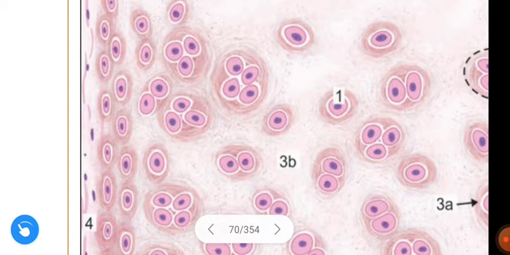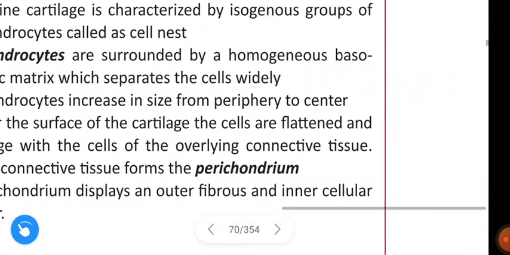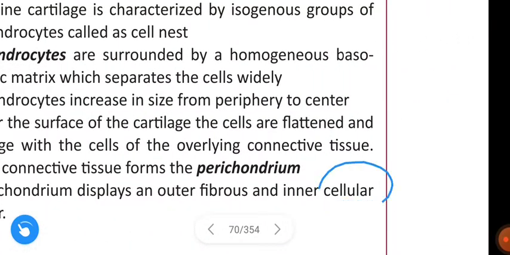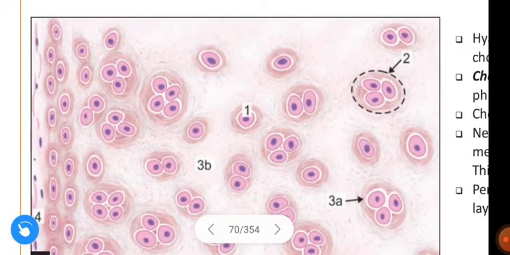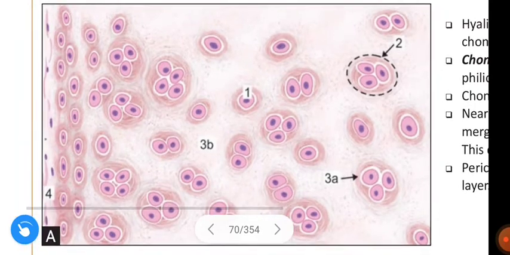This is the outer layer, this is the inner layer, and the outer layer is the fibrous one and the inner layer is the cellular layer. This is about the hyaline cartilage. I think it is clear to you guys.